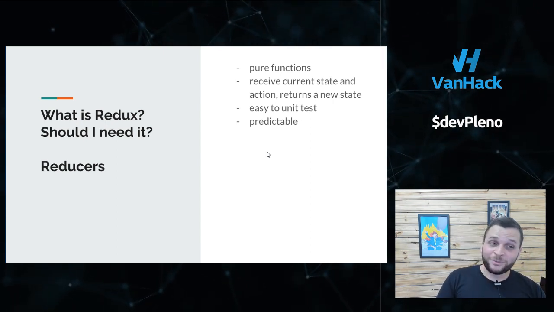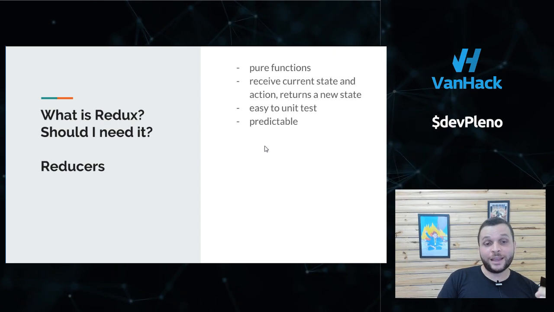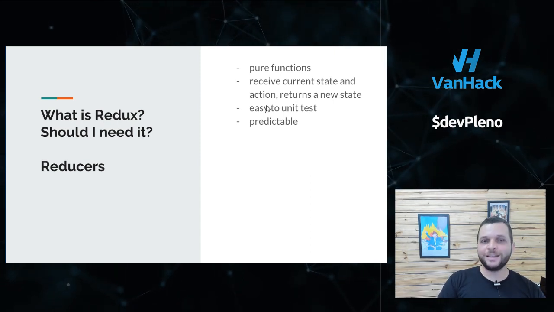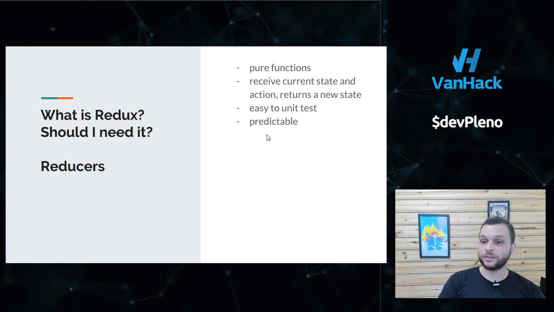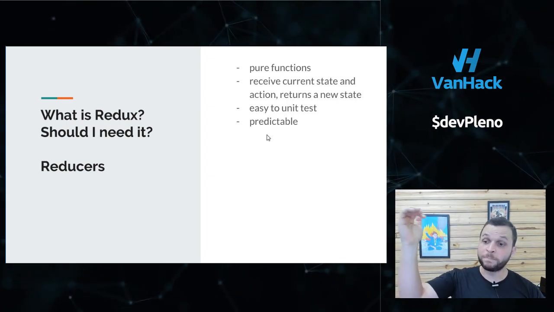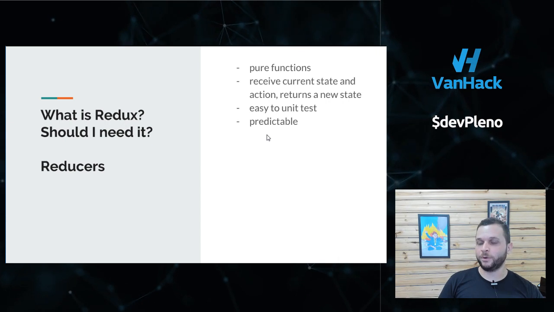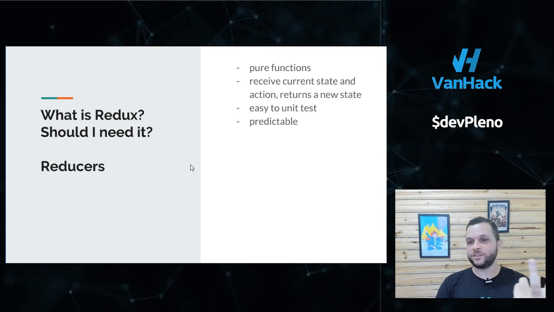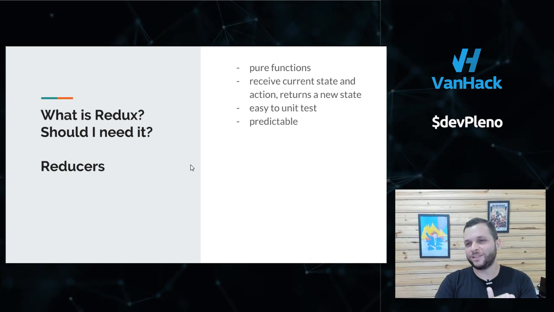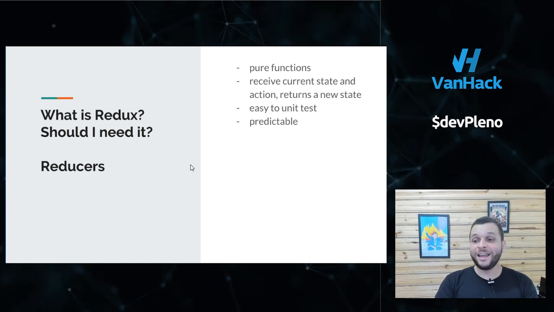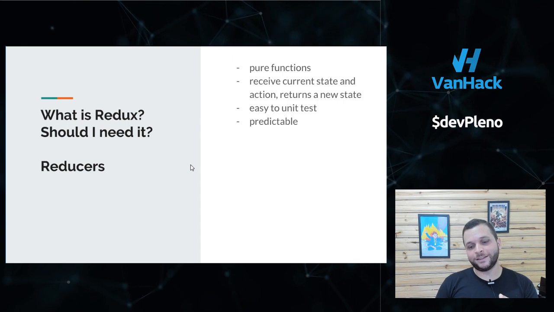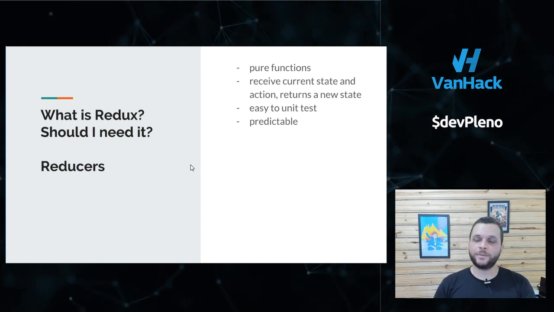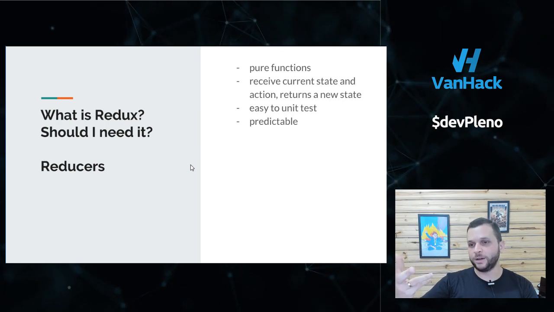And the most important thing about reducers is that they are predictable. Since they are pure functions, and pure functions are functions that rely only on their parameters, if I have a reducer that receives just the current state and an action, the return of this function is based only on these 2 parameters.